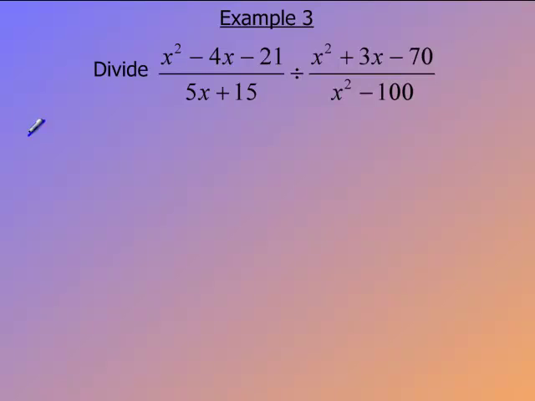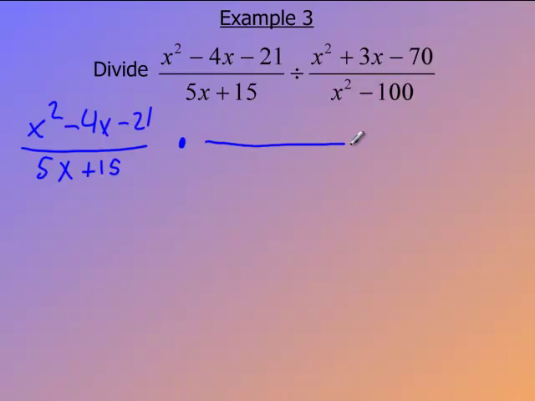So we'll say x squared minus 4x minus 21 over 5x plus 15 times, and as I'm flipping this, yes, you can cross multiply if you're going to divide. That would be acceptable if that's how you prefer to do it. By all means, have at it. And I totally forgot to flip. Okay, so I went ahead and fixed that.